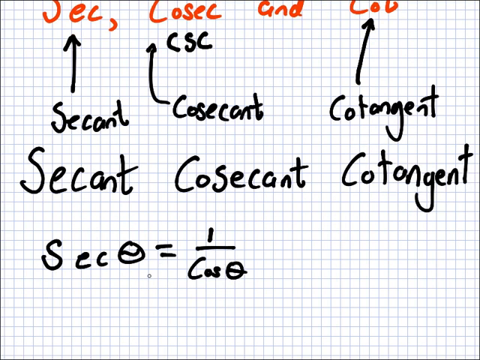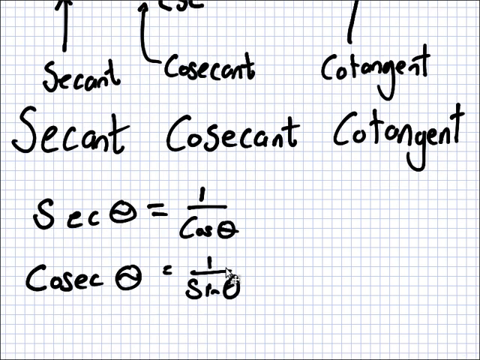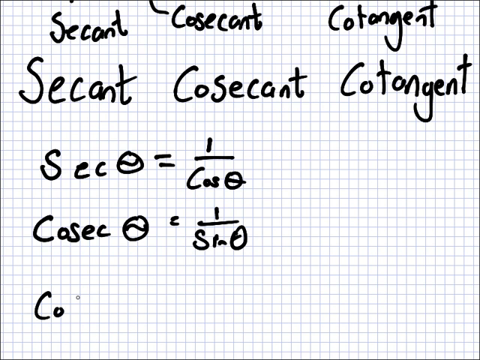The next one is cosec theta. What do you think that is? 1 over sine theta. And cotan theta, or cot theta? 1 over tangent theta, which is the same as cos over sine, isn't it?